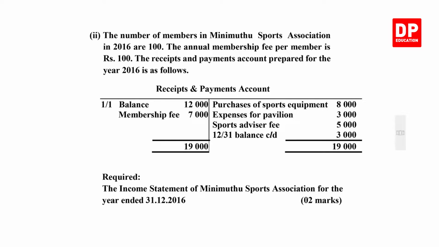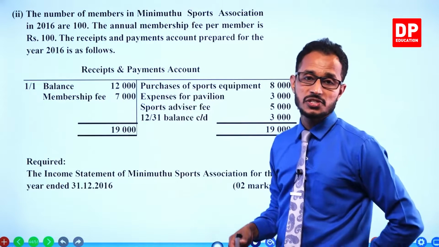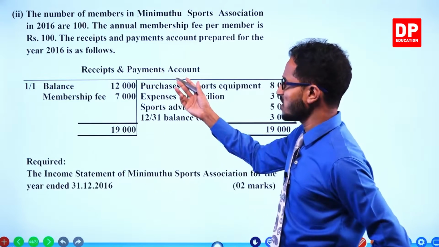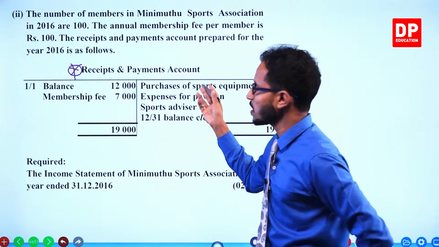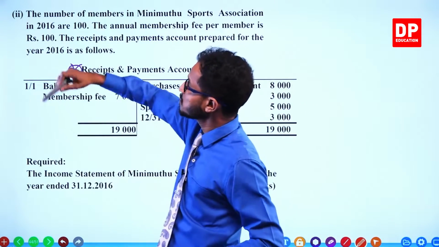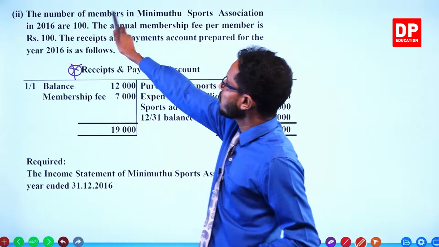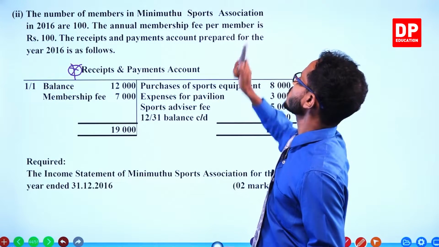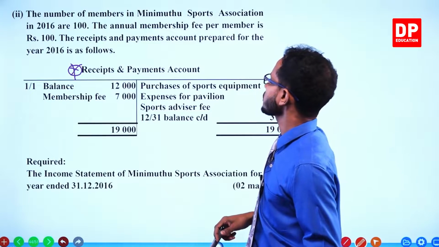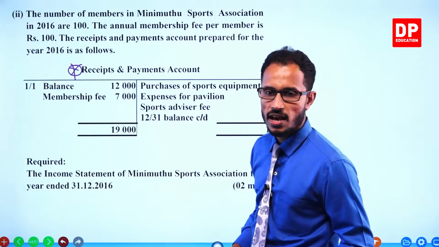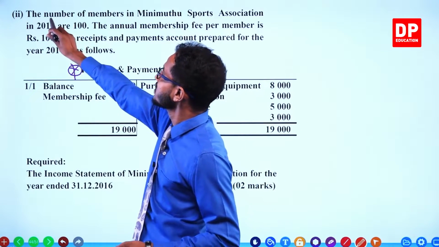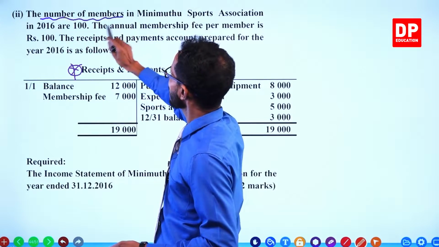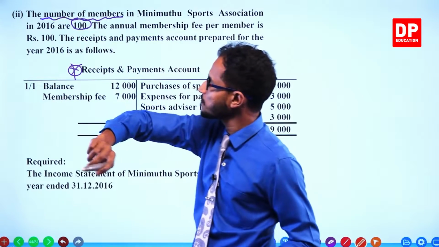Next part. Whoa, it is a non-profit organization. Why can't you say? Just by looking at the name, receipts and payments accounts come in non-profit organizations. Number of members in Minimuthu Sports Association, number of members 100.